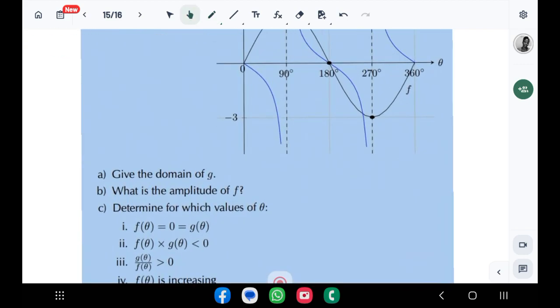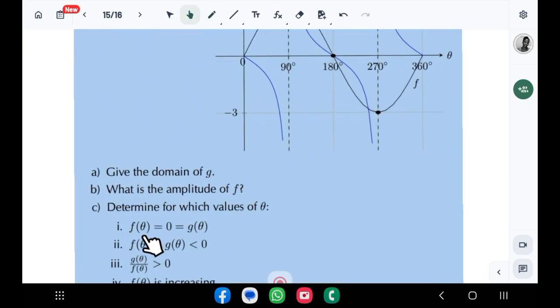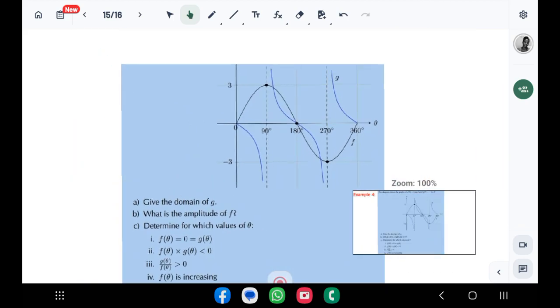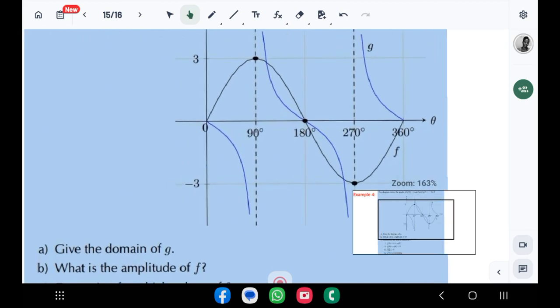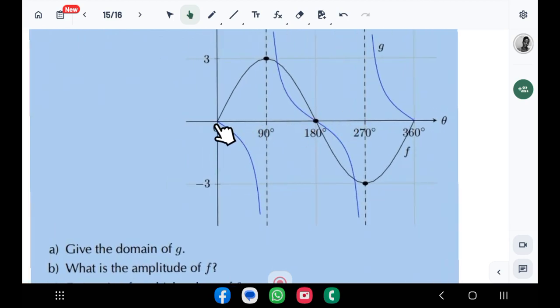Determine for which values of theta f of theta equals 0 and g of theta equals 0. Where are these two graphs 0? They are both 0 at 0 degrees, and they are also both 0 at 180 degrees. Another point where they are 0 is 360 degrees.